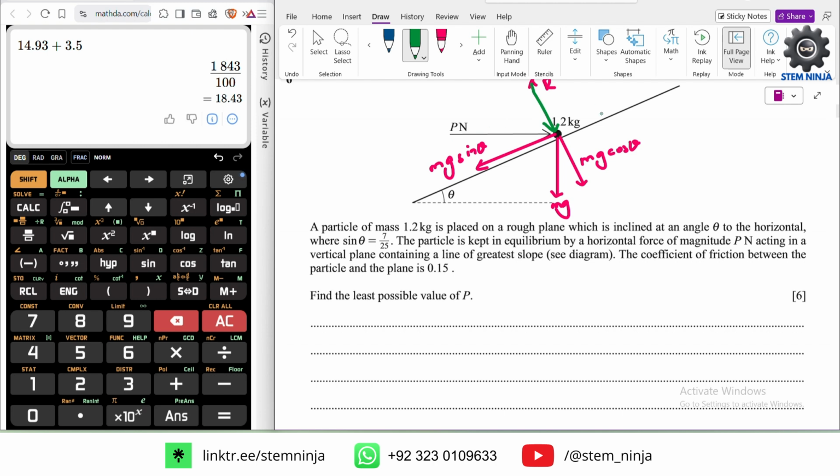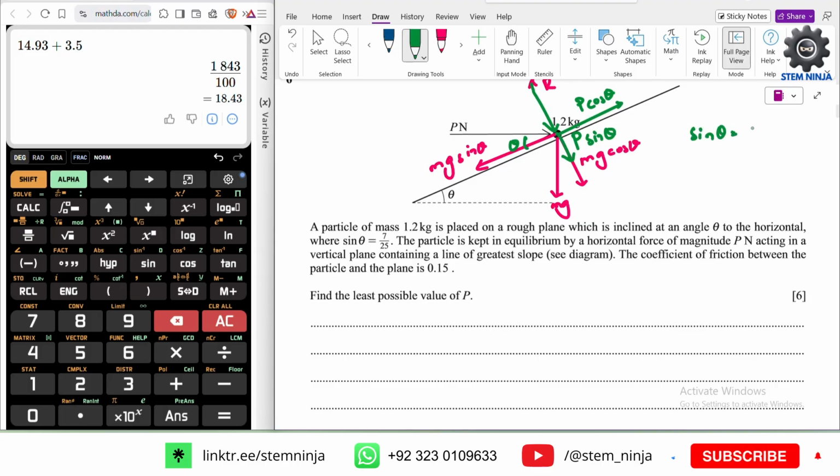Okay, let's do this here. So P is going to be P, same angle, right? So P sine theta, and this would be P cos theta, right? Okay.